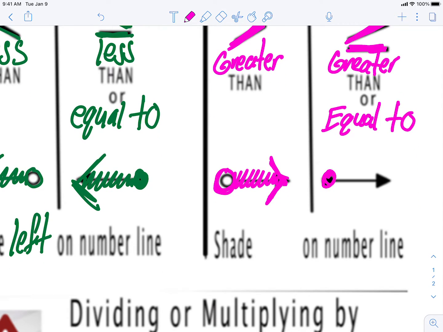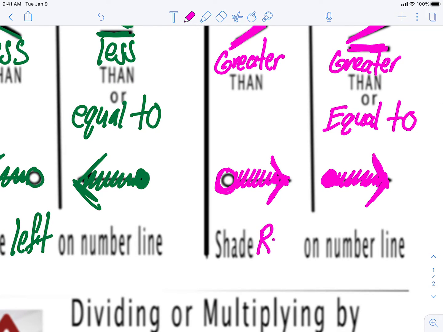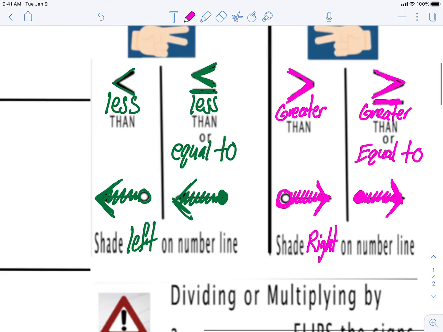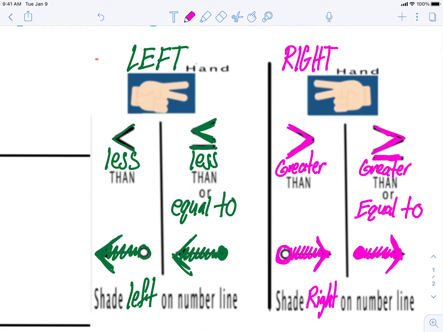And that is going to be a closed circle. And we shade to the right. So we know we shade right on the number line, right? So we have these notes here, right? Left hand, right hand. Left is less than, right hand is greater than.